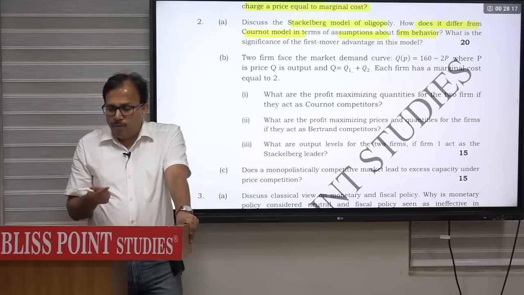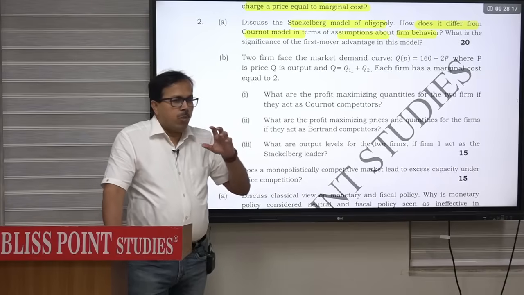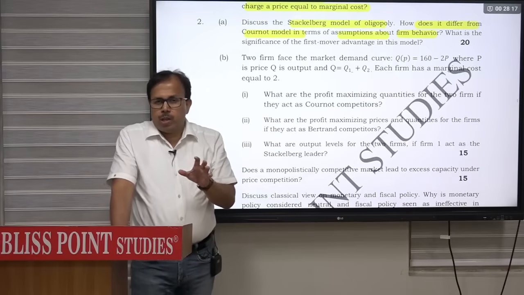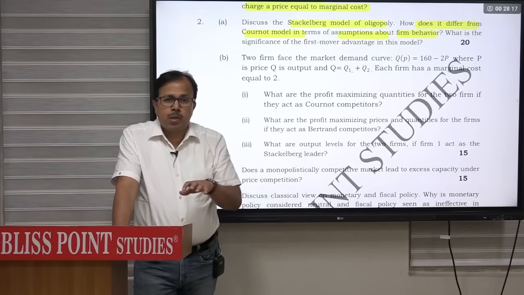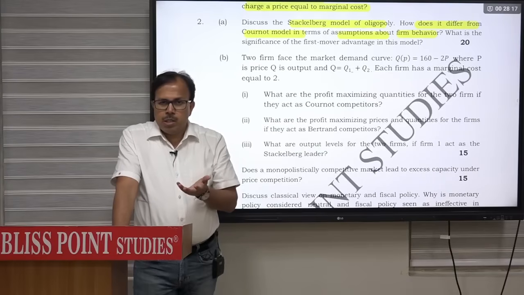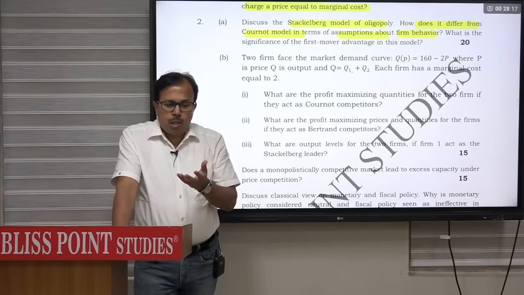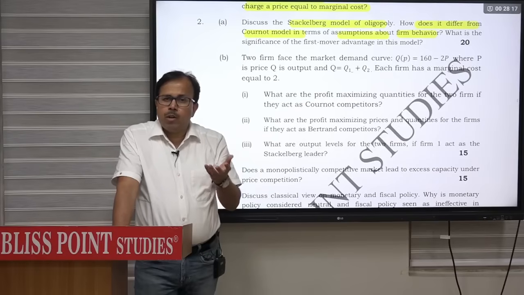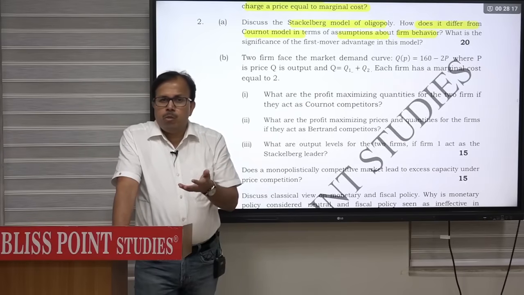And what is the significance of the first mover advantage? The significance is the leader who moves first will produce more quantity. Thereby you force the competitor to react by producing less quantity. The product is homogeneous, so the price of the product will remain the same. So naturally the firm producing more will have more revenue. The firm producing less will have less revenue. So the firm producing more will have higher profit.